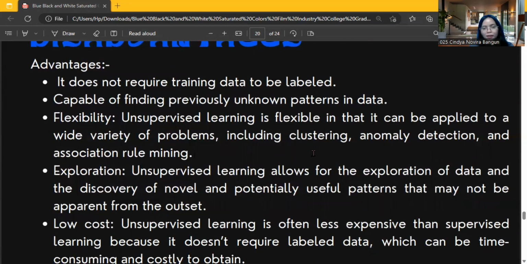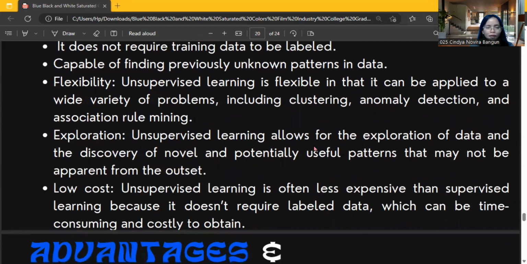Unsupervised learning is flexible in that it can be applied to a wide variety of problems, including clustering, anomaly detection, and association mining. 4. Unsupervised learning allows for the exploration of data and the discovery of novel and potentially useful patterns that may not be apparent from the outset.